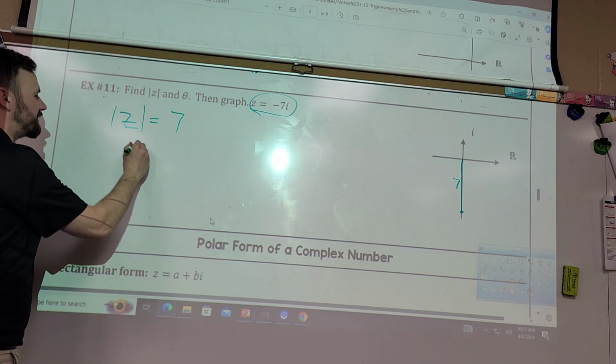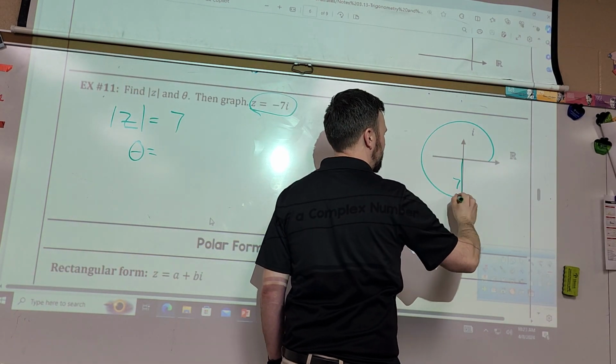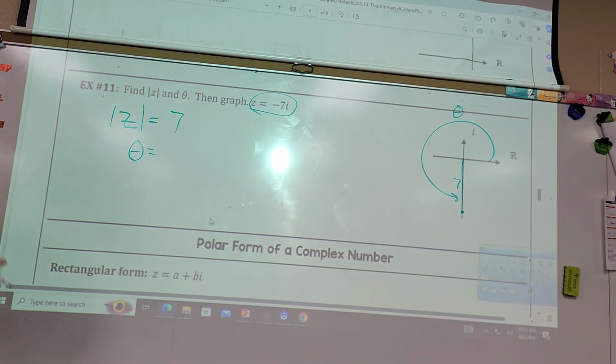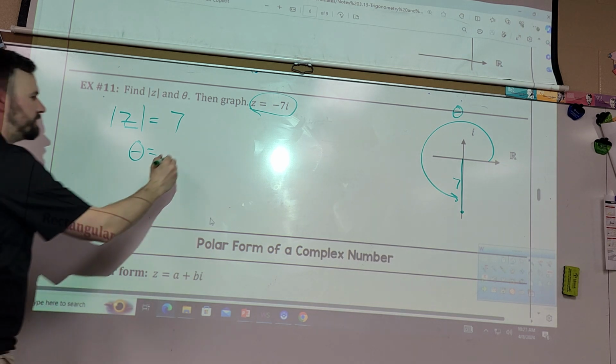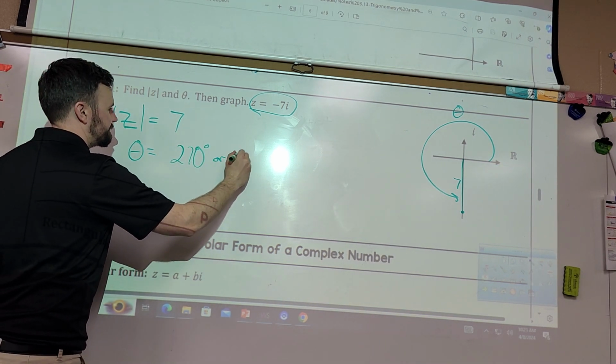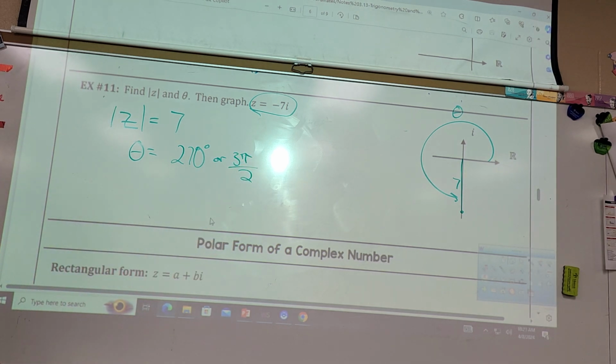And what's my theta going to be? So remember, I start here and I go around, right? So what's that theta? 270 or, oops. Now, what if they ask you to show work?